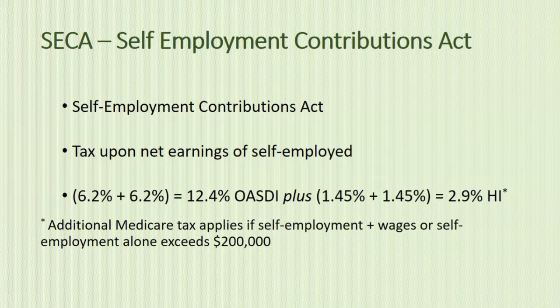They must pay 12.4%, that is the 6.2% employee portion and the 6.2% employer portion of OASDI, and 2.9% of HI, which accounts for the 1.45% employee and the 1.45% employer portion, with a caveat here as well that if self-employment income and wages, or self-employment income alone, exceeds $200,000, then they will have to pay that additional 0.9%.